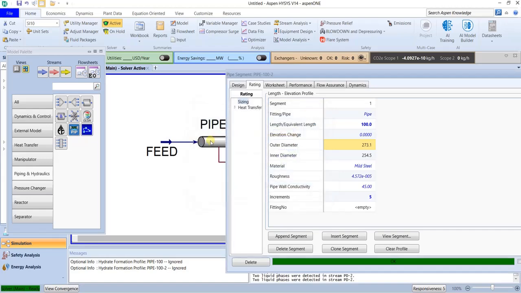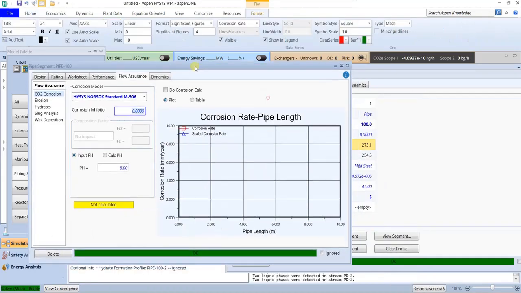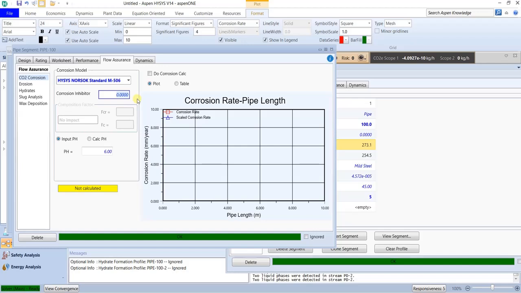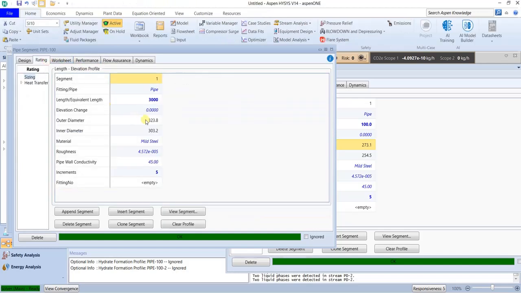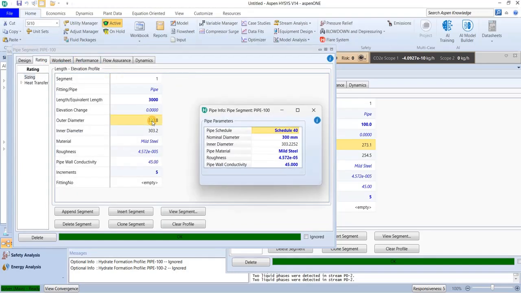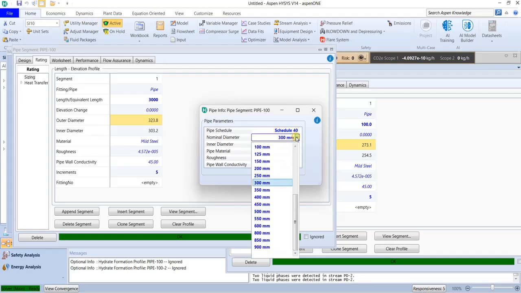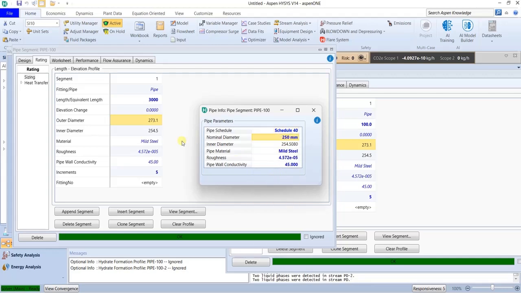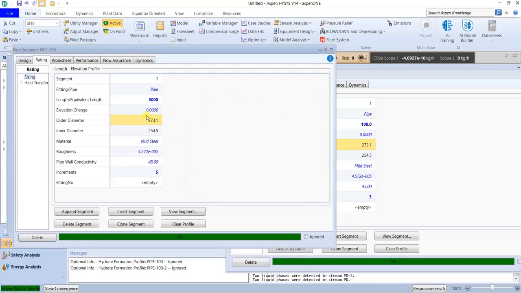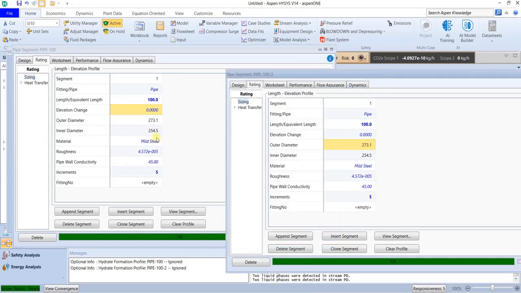Then let's see if we can also do that for this initial pipe. So going there, we reduce the nominal diameter to 250 and then let's just use a pipe length of 100. So let's see if there will be any differences between the plots for each case.